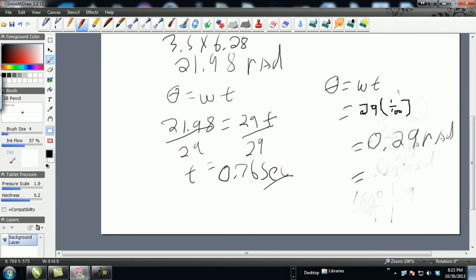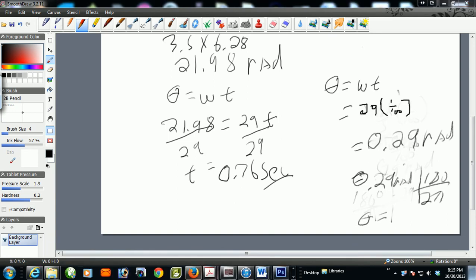I know I have 0.29 radians. I know that I multiply that by 180 divided by 2 pi, and once again let's see what I get with my handy dandy calculator.